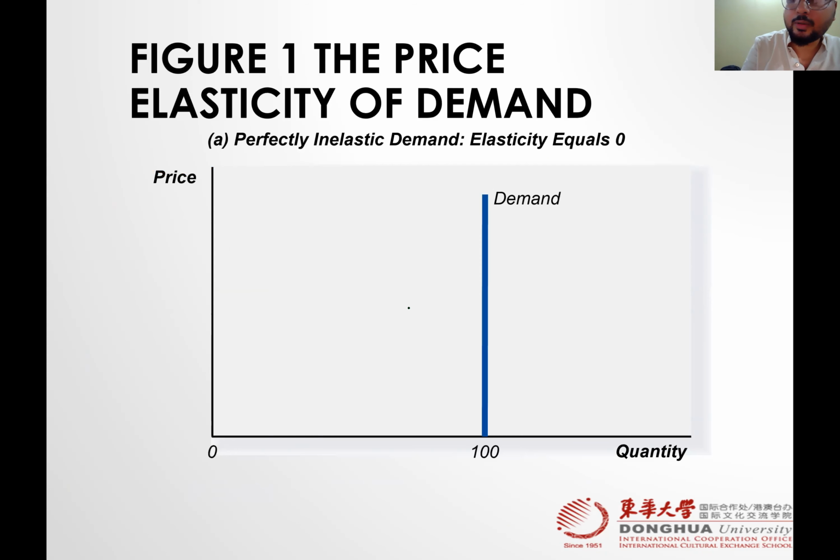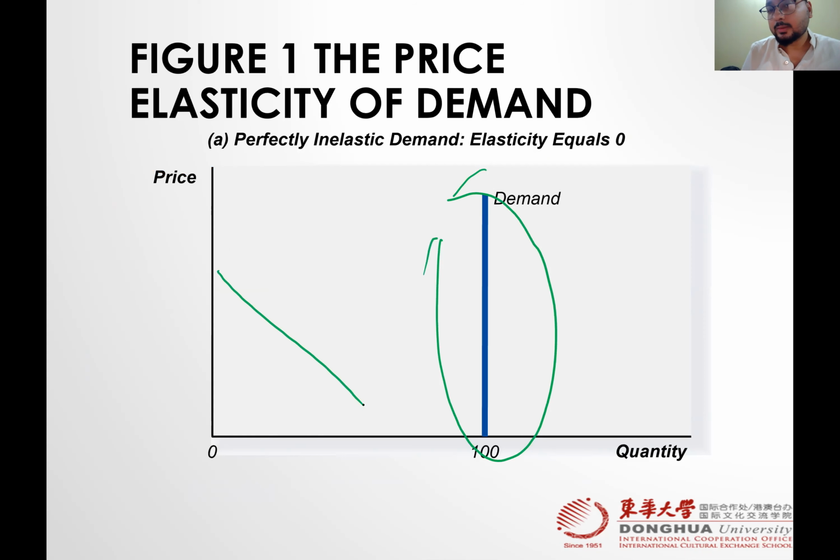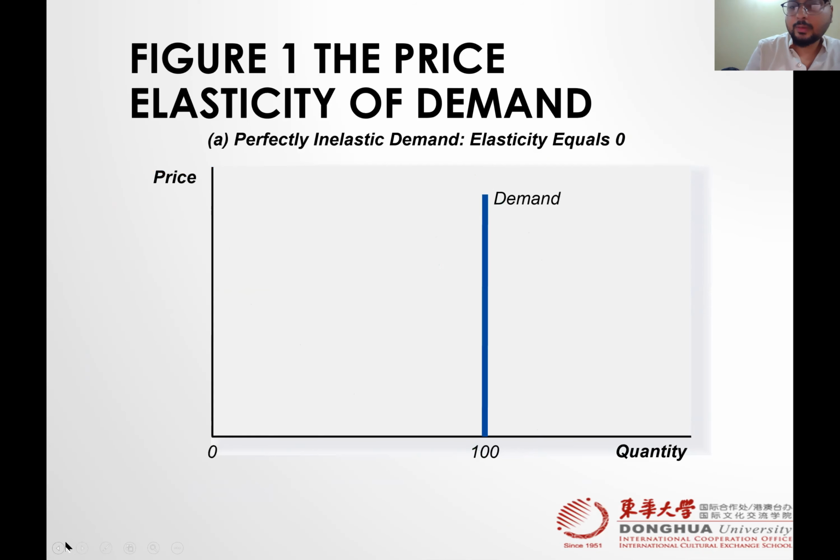So the perfectly inelastic demand curve would be like this. We know that the demand curve is downward sloping like this. So the slope defines the elasticity. More elastic will be like this. Let me show you here.